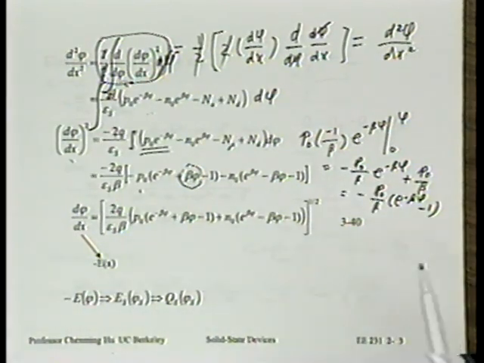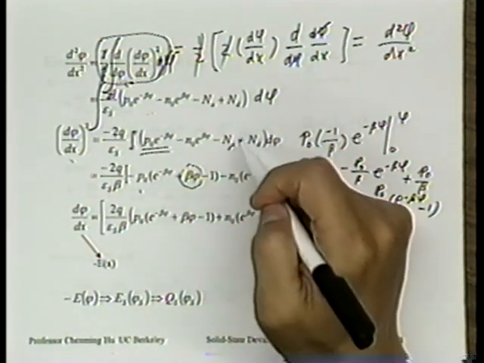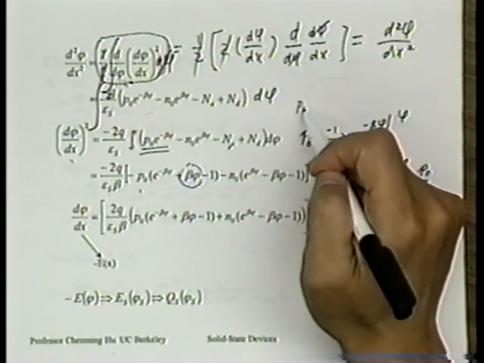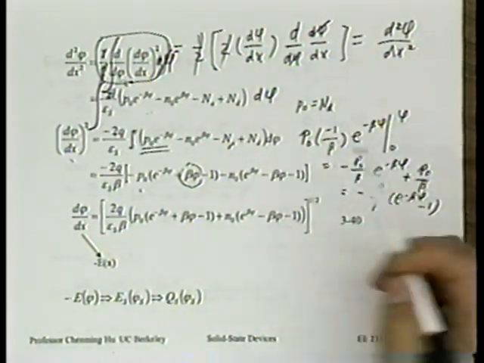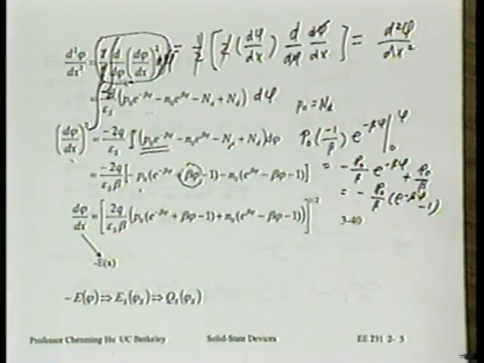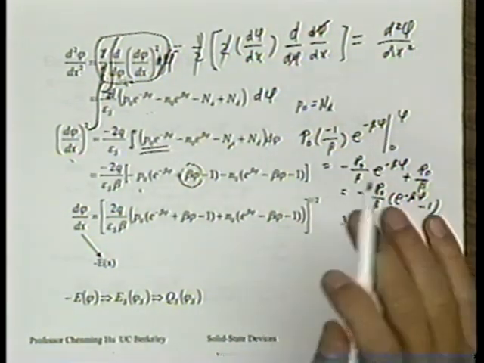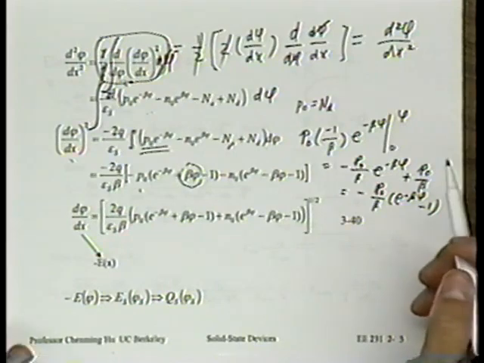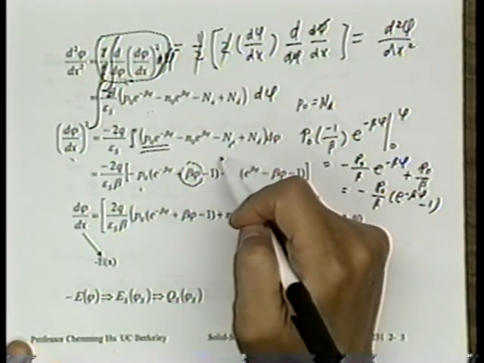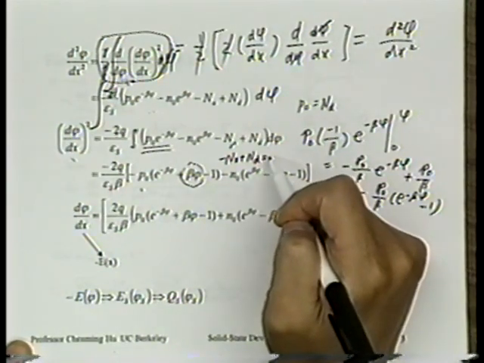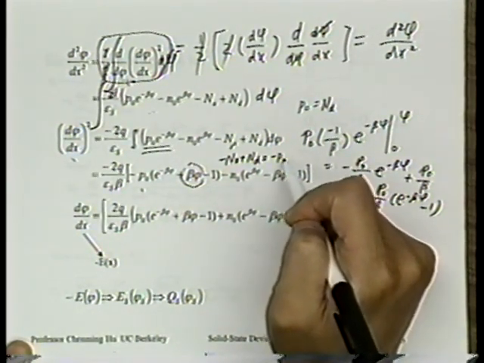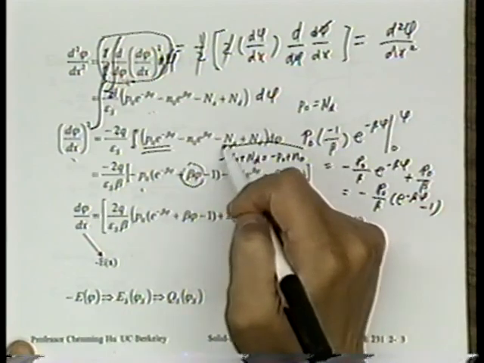In fact, let me remind you, even here, we did not make the approximation that P naught is equal to NA, because this is not always correct, right? For example, in an intrinsic semiconductor, P naught would not be equal to NA, or in an N-type semiconductor. We actually did not even make this assumption. What we did is that we said that minus NA plus ND is equal to minus P naught plus N naught. That is always true.